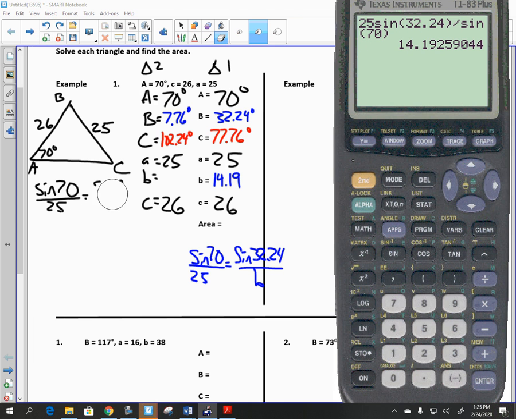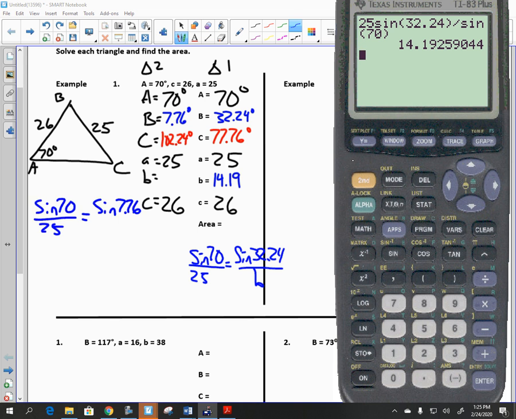Yeah, if we want to find the other one here, I'm going to look at B. I set it up again. Sine of 70 over 25 is equal to the sine of what? 7.76 over B. So we cross multiply 25 sine of 7.76, and we divide by the sine of 70.